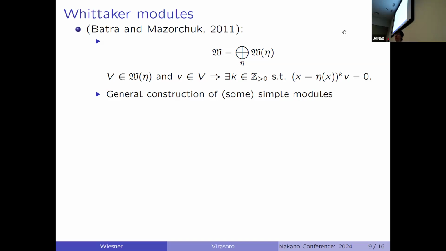So they could do this for any choice of eta and highest weight mu. But in the general setting that they were looking at, they couldn't prove that those were all simple modules for a given Lie algebra setup.